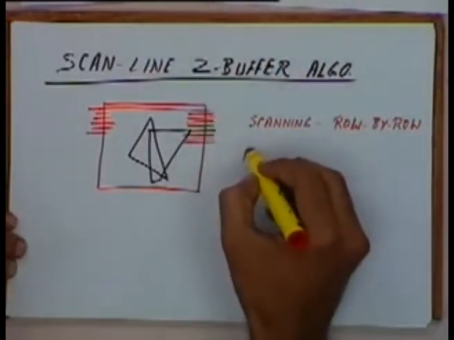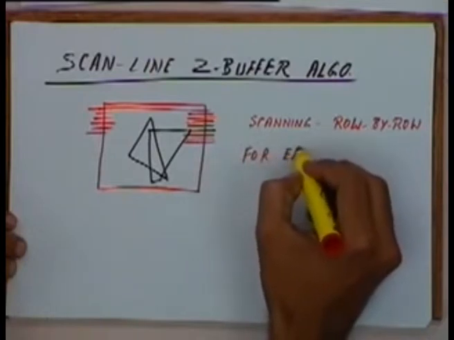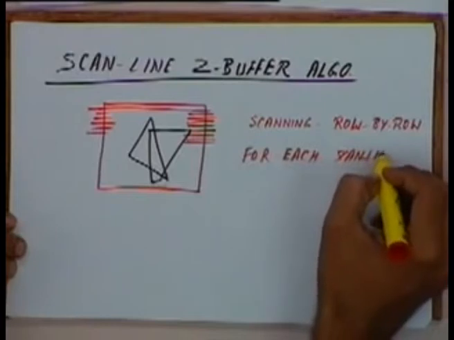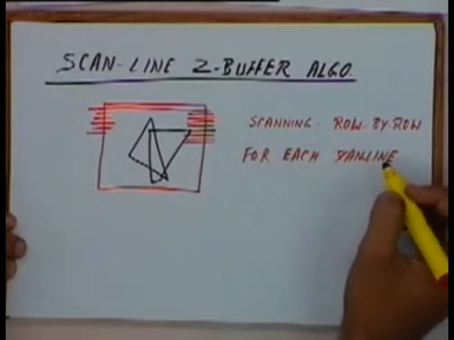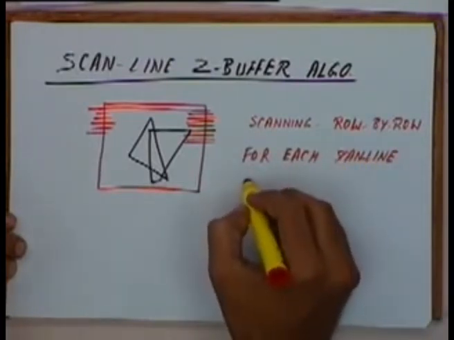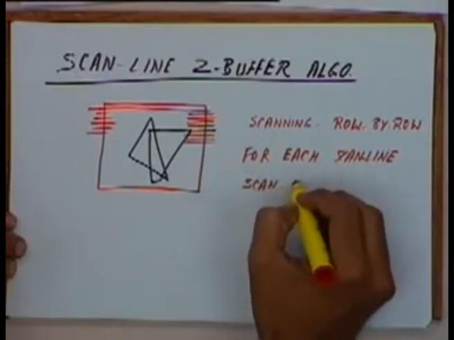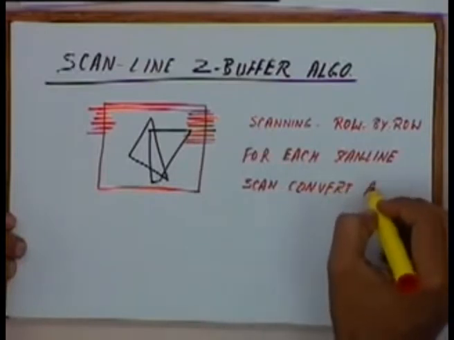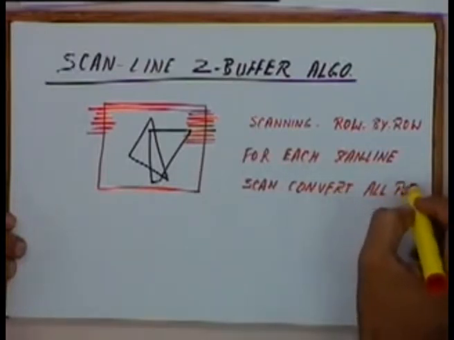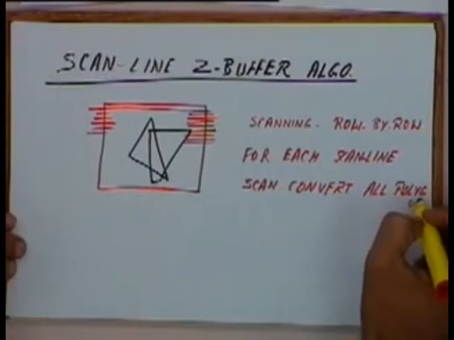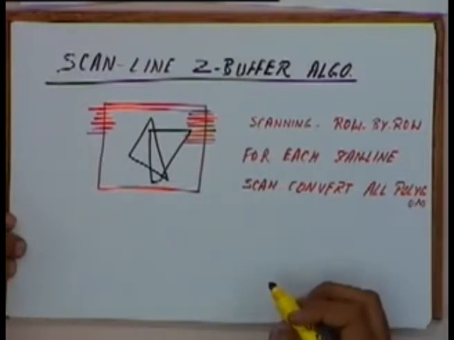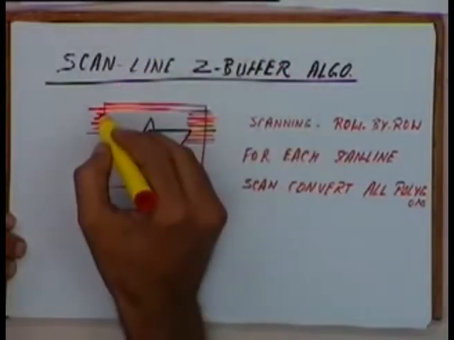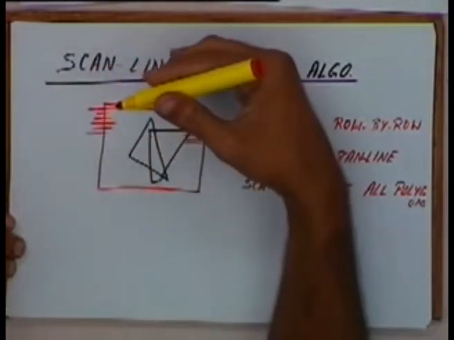Essentially for each scan line, I will scan convert all polygons. If I take one scan line, I complete all the polygons for that, then I take the next scan line and I complete all the polygons for that.